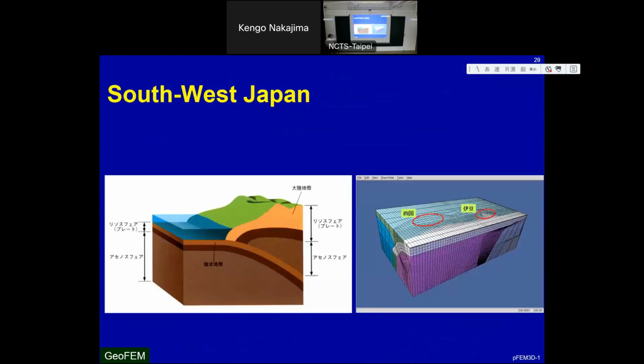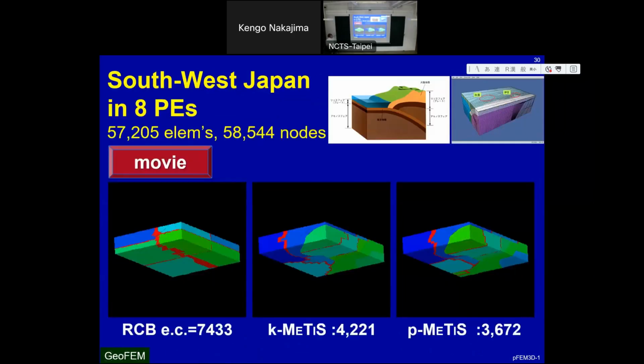And this one is Southwest Japan. It's a mesh for the earthquake generation cycle at the subduction zones. We have a very complicated plate structure near Japan, and I think Taiwan is also included in this area, but in this mesh it's just around the Japan islands.